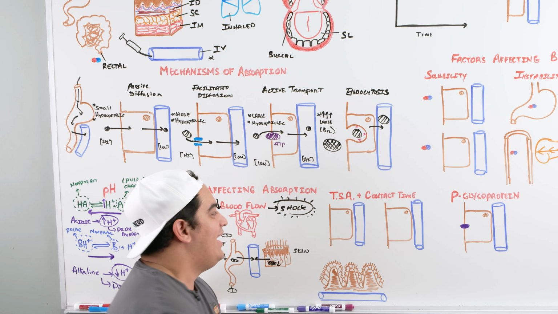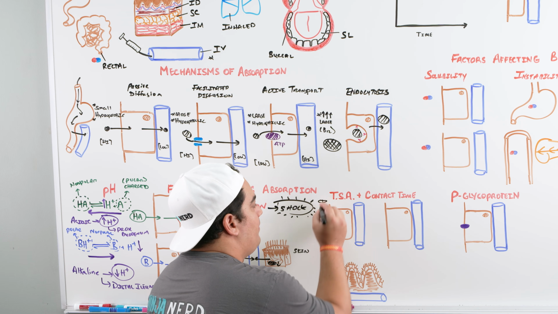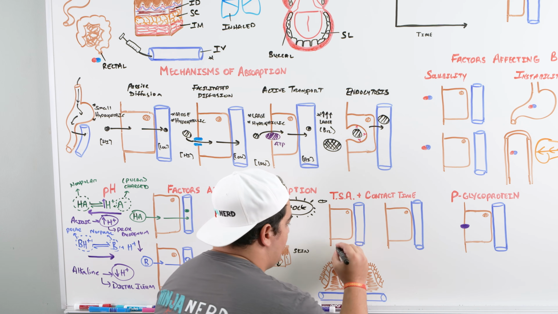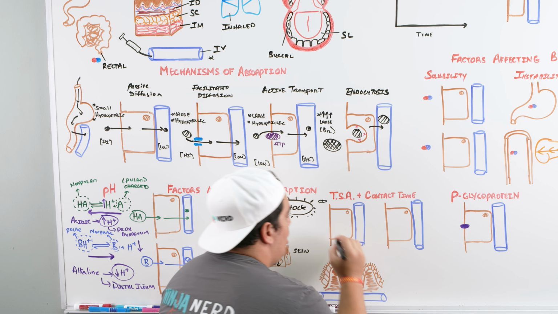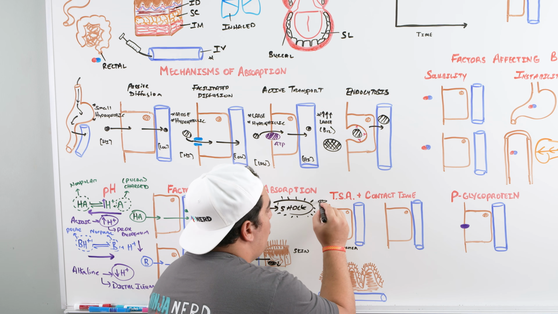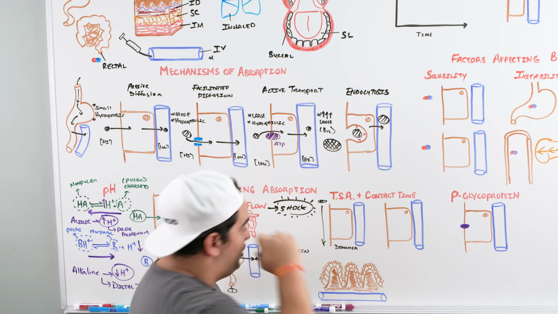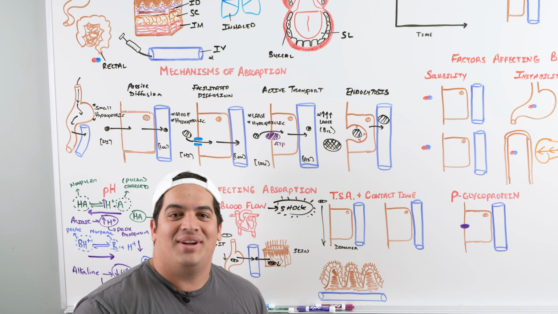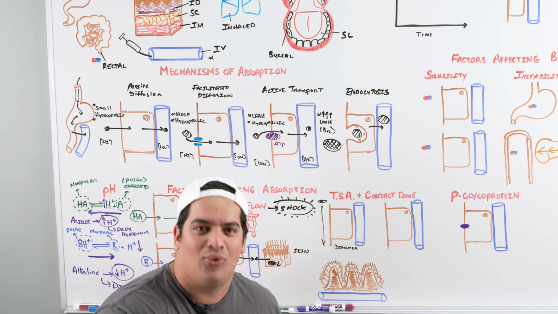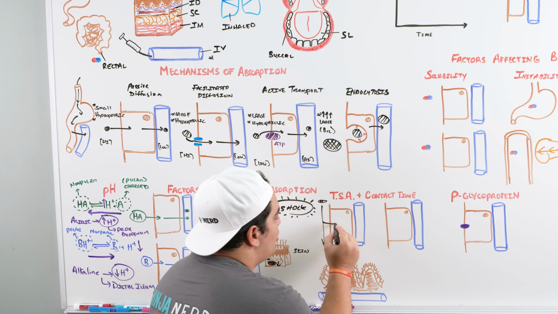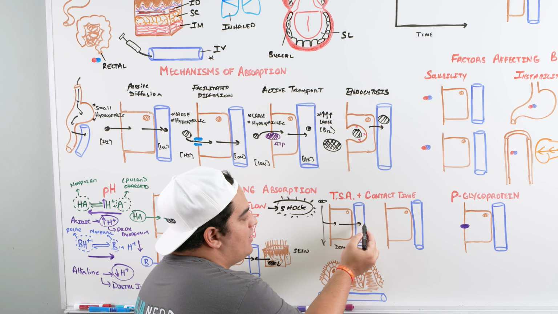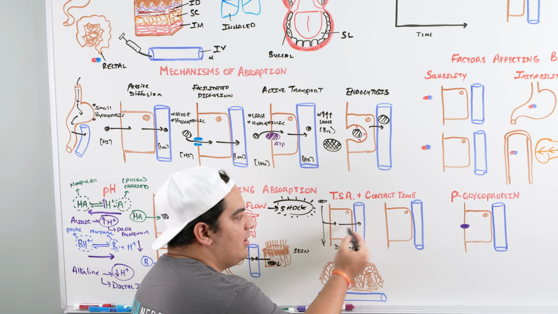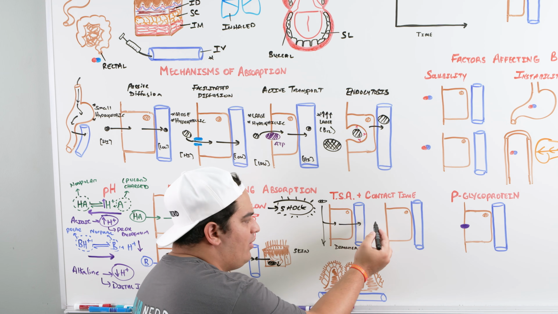It's pretty straightforward. If I have a drug that I'm taking orally and I have, let's say for example, diarrhea, right? If that happens, the motility, or the movement of the drug, is moving through the GI tract so fast, there isn't even an appropriate time frame for you to move this drug across the lumen of the GIT, across the cells and into the blood via passive transport, facilitated diffusion, active transport, endocytosis.